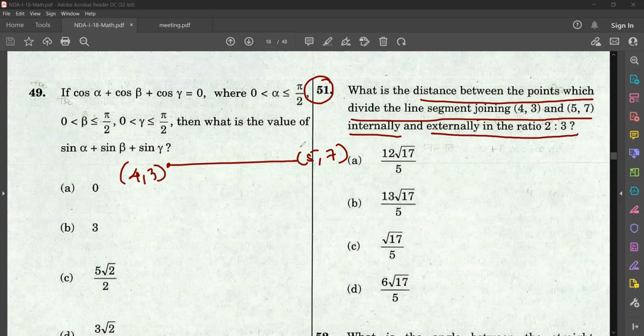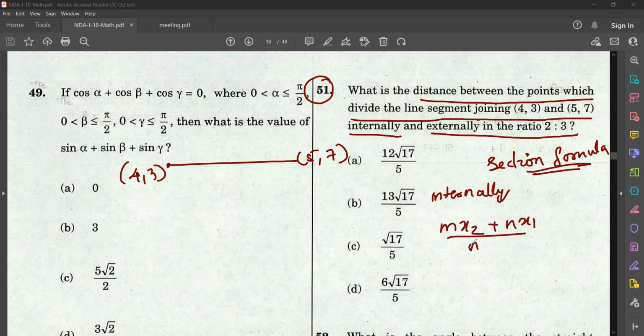After reading the question itself, it is clear that this is a question from the section formula. What is the section formula? To find a point that divides internally, the formula is x = (mx2 + nx1)/(m + n), and here you have to write the formula for y also.